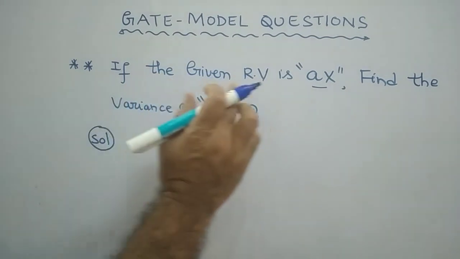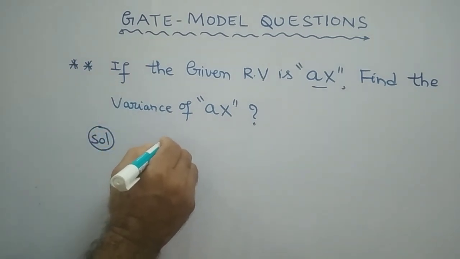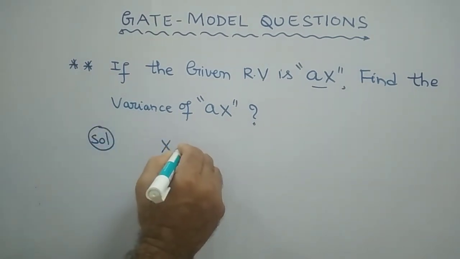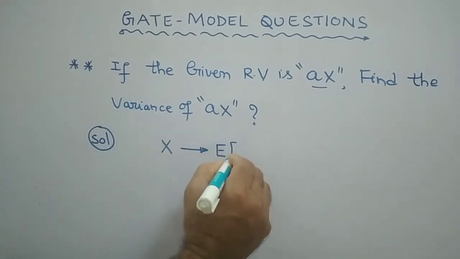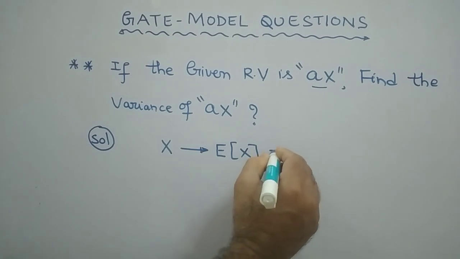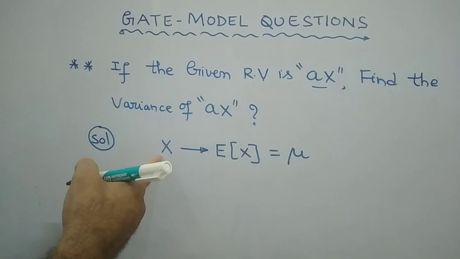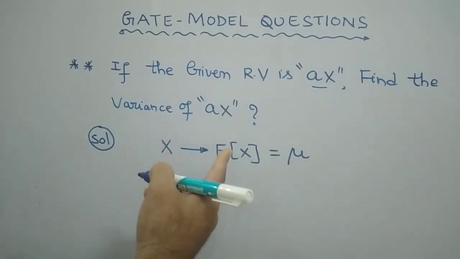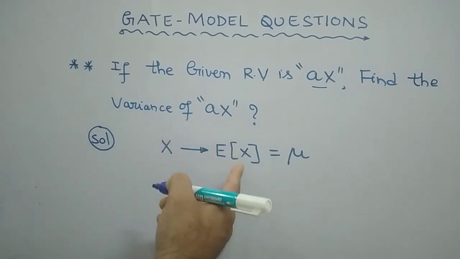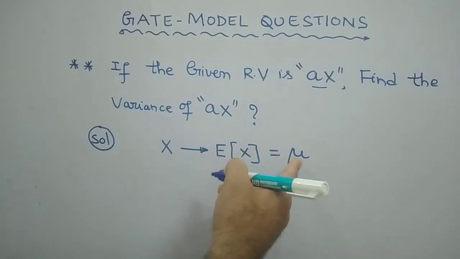Here the given random variable is a into x. Normally we know that for any random variable x, the mean value, or the average value or the expected value of x, is denoted by E of x, and that is equal to mu.